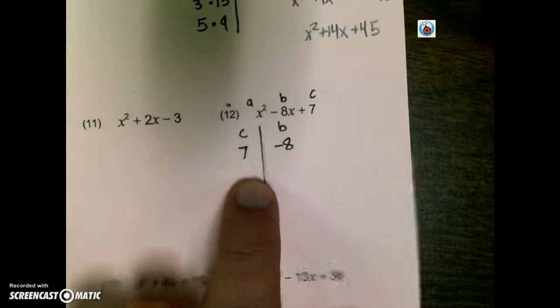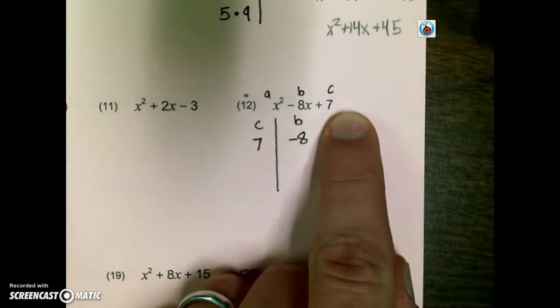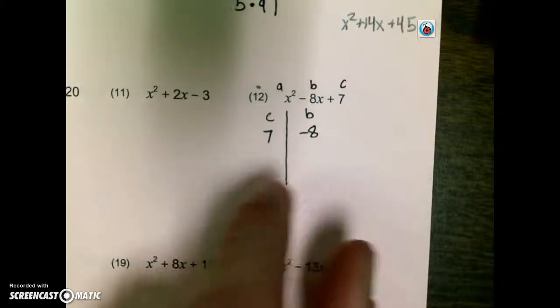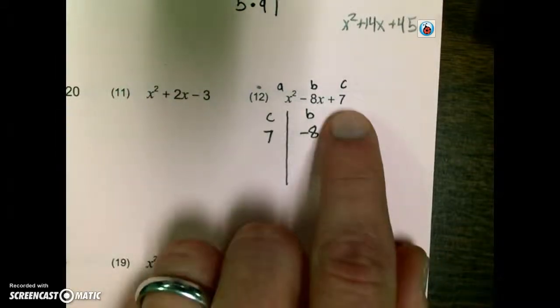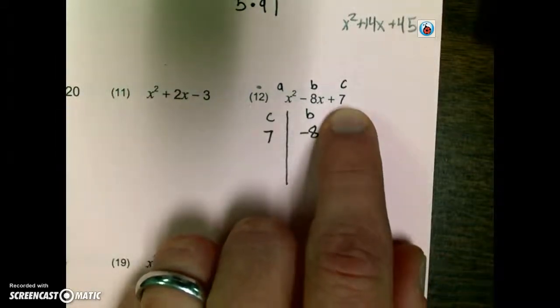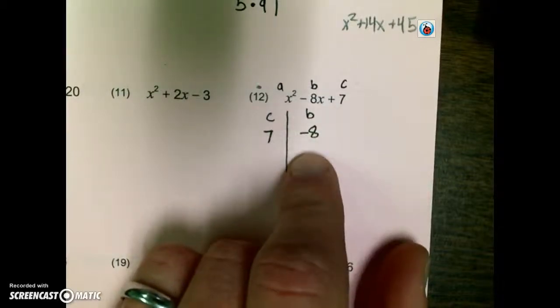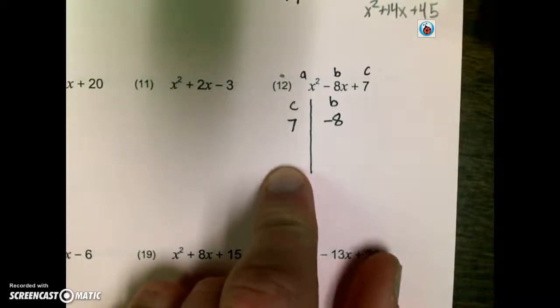So you may be wondering, well, I need to have a positive 7. So I need 2 numbers that multiply together to give me a positive 7, but add to give me a negative number. Positive times positive gives a positive 7, and negative times negative can too. So I'm going to need one of those types. But we know that 2 positive numbers can never add to give me a negative. So when I'm thinking of factors for 7, I know that they're both going to have to be negative.